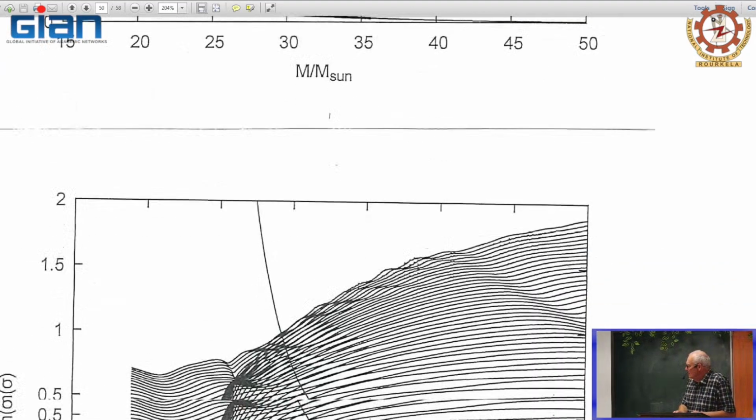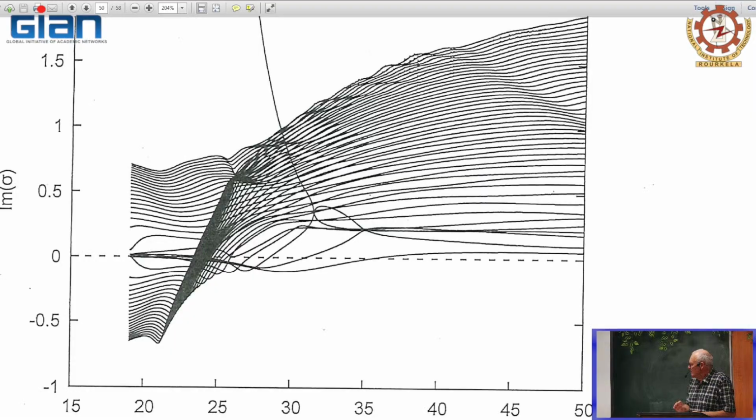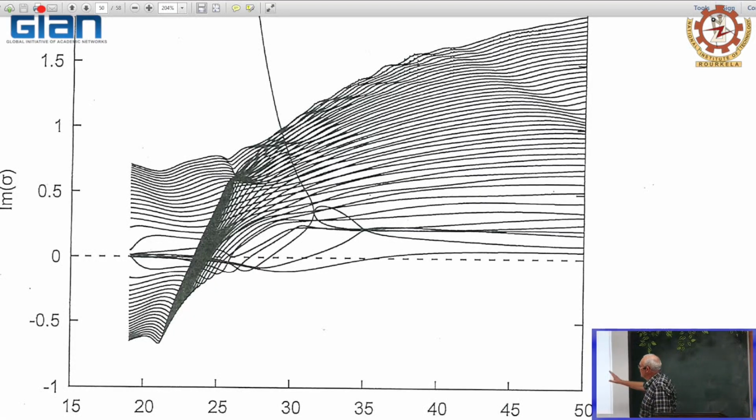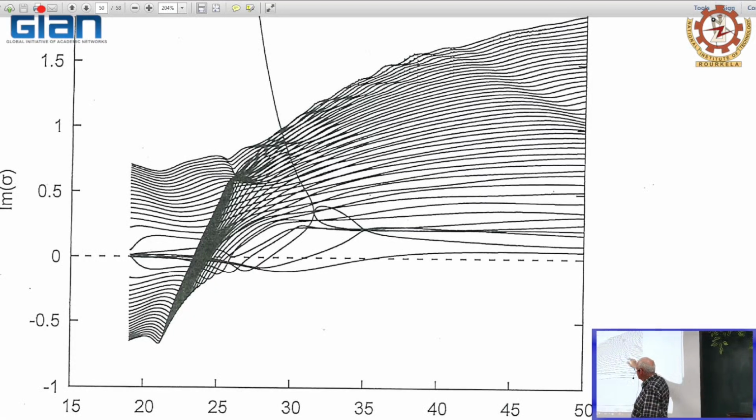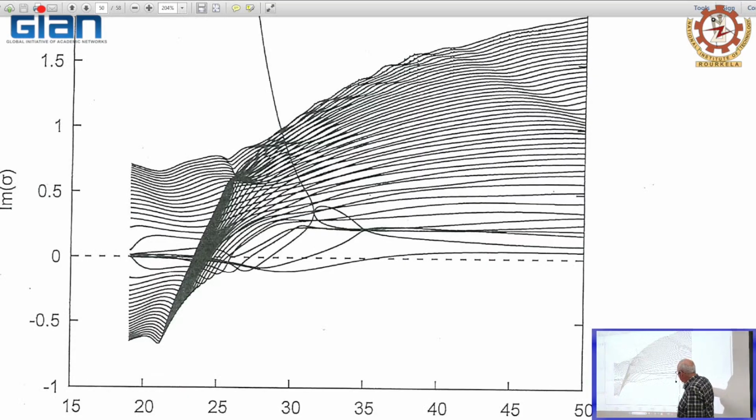Concerning the imaginary parts, here we start off with a more or less nicely spaced spectrum, and then below a mass of, say, around 35, the first mode becomes unstable. Sigma I becomes negative, and if we decrease the mass even more, we observe that the eigenvalues seem to come in complex conjugate pairs or almost complex conjugate pairs.